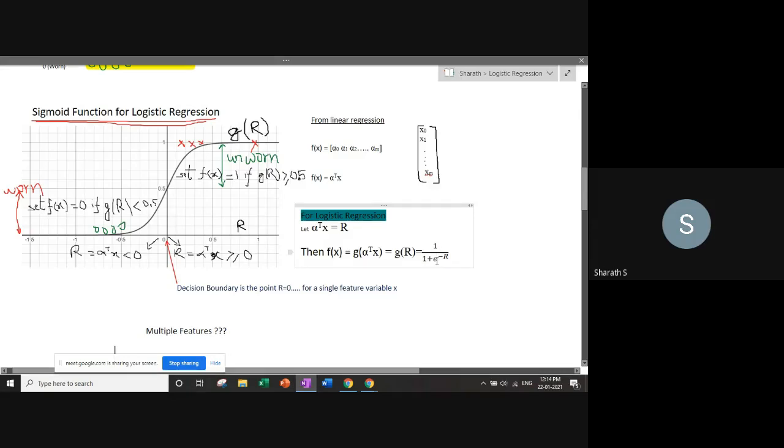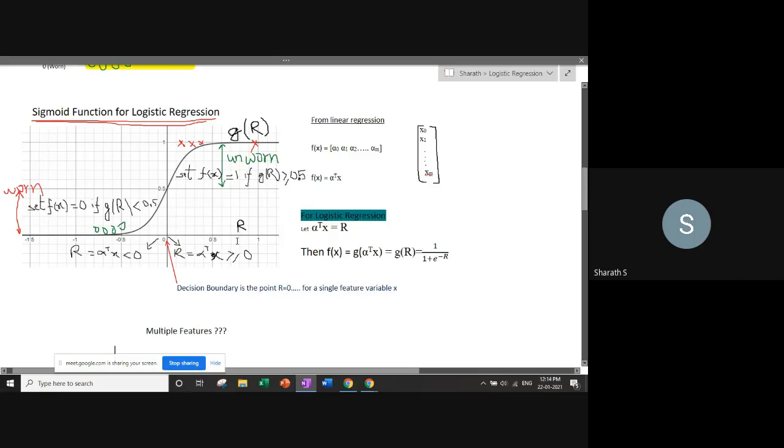Okay, so here the function 1 over 1 plus e raised to minus R is the sigmoid function, which is this curve that you are seeing. So again, if you're looking at a single variable over here, alpha transpose x, which we have called R, we are going to plot on this x-axis.